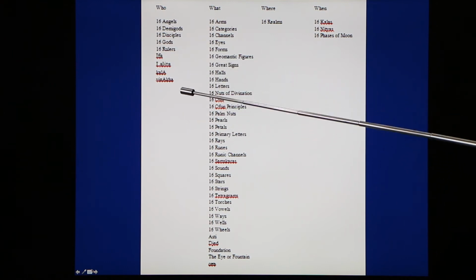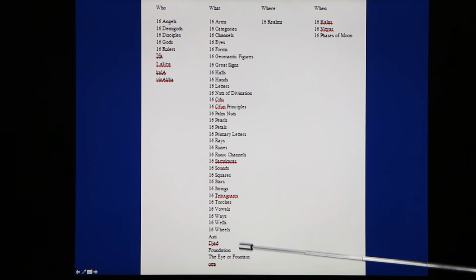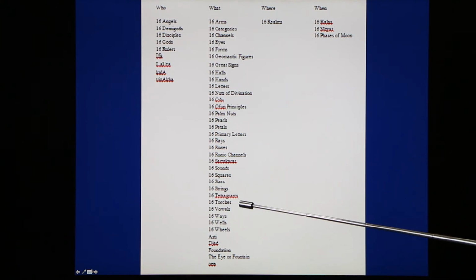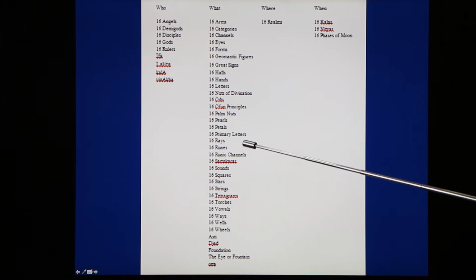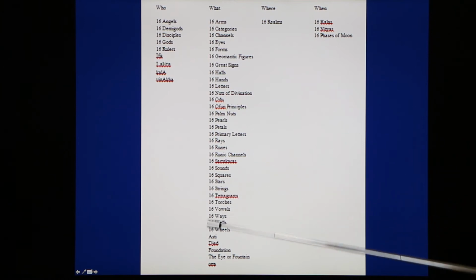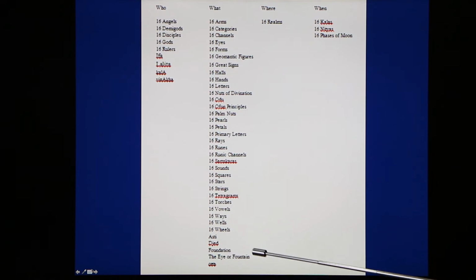Ifa, Lalita, Kala, and Visakha are all connected with 16. 16 arms, categories, channels, eyes, forms, geometric figures, great signs, halls, hands, letters, nuts of divination, Odu, Ofun principles, palm nuts, pearls, petals, primary letters, rays, runes, runic channels, samskaras, sounds, squares, stars, strings, tetragrams, torches, vowels, ways, wells, wheels, the jed, the foundation, the eye or the fountain, the 16 realms, kalas, nityas, and phases of the moon.